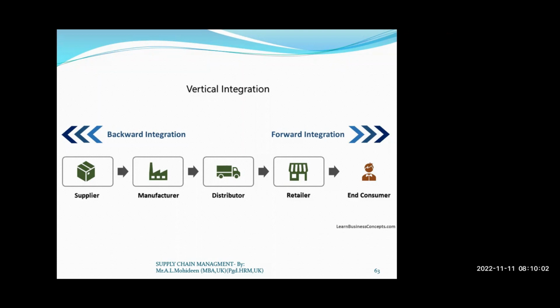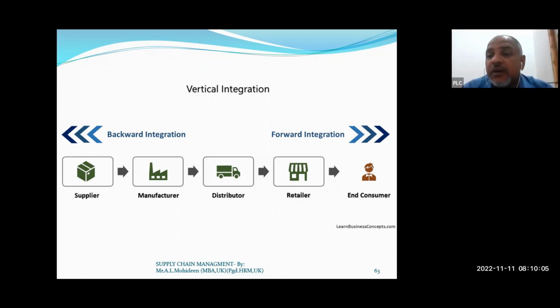They own their forest, cut their own wood and make their furniture. This is what we call backward integration. You own your supply.